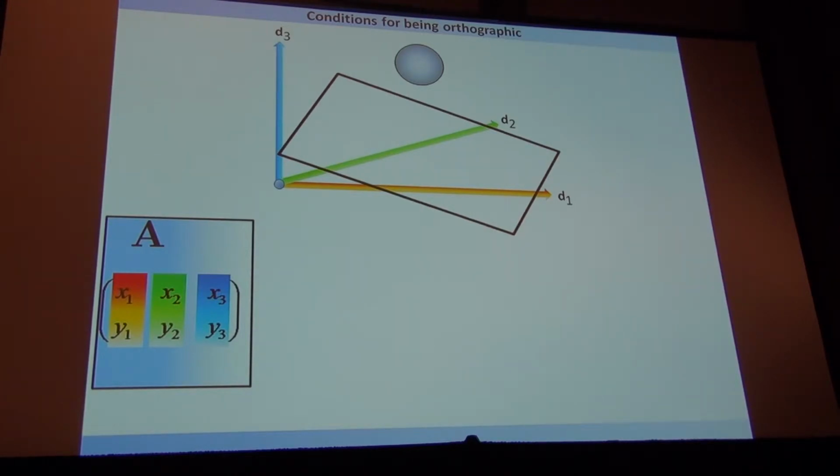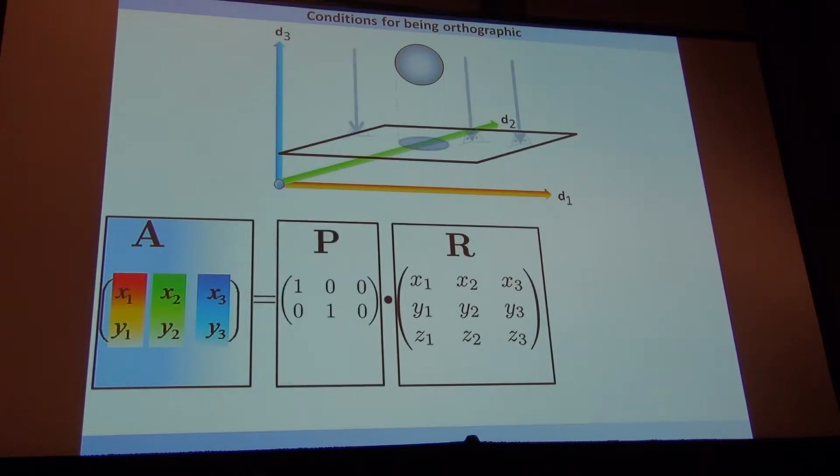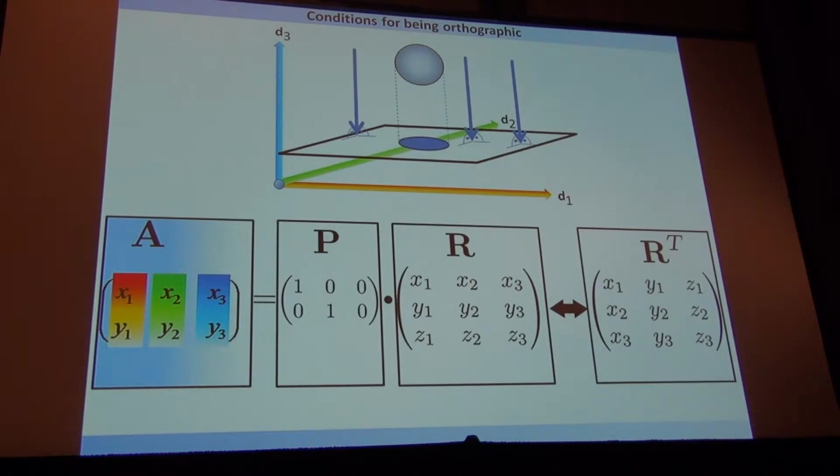An orthographic projection matrix A consists of a rotation to align data space and visualization space, and a projection P in the normal direction of the visualization space. The rotation matrix R is a rotation matrix, and the matrix R transpose is a rotation matrix as well.